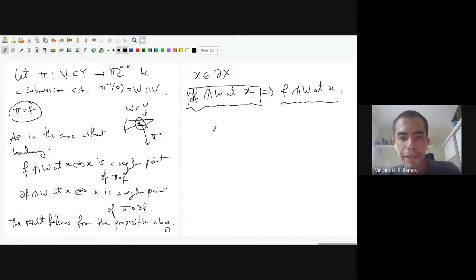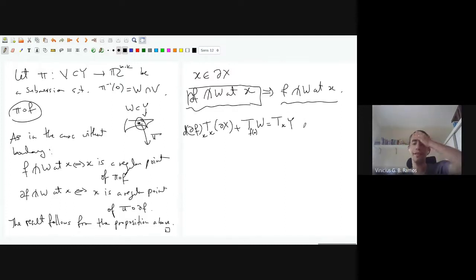This condition on the left means that when you look at the tangent space of the boundary and you apply the derivative of f, this is enough to generate the whole space over here.